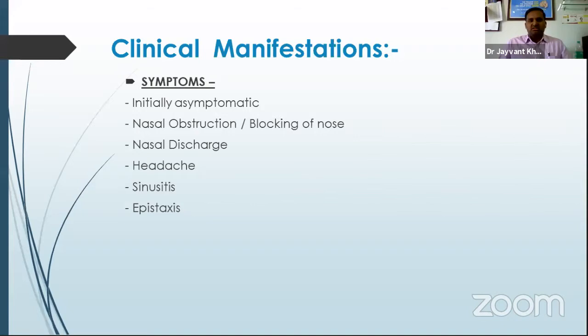Epistaxis: capillaries break due to stretching of the mucoperichondrial or mucoperiosteal flap due to septal spur or deviation. Middle ear infections: when rhinitis occurs, it goes to the middle ear cavity through the eustachian tube.